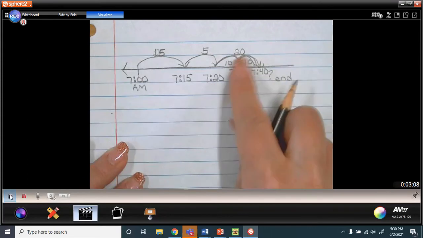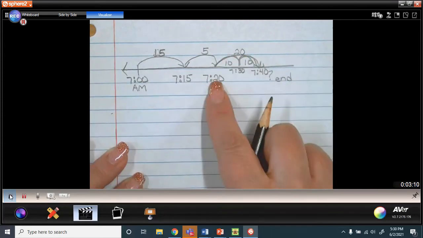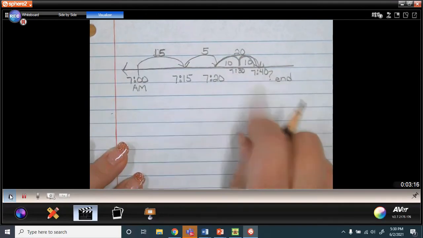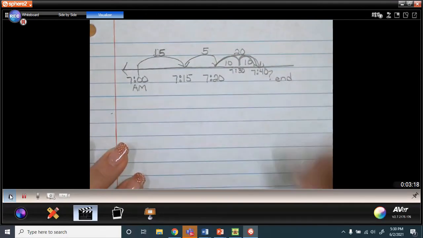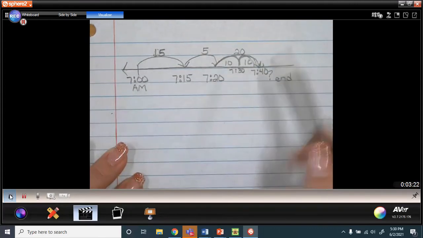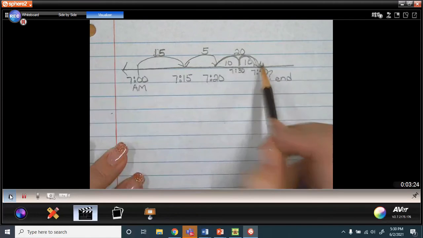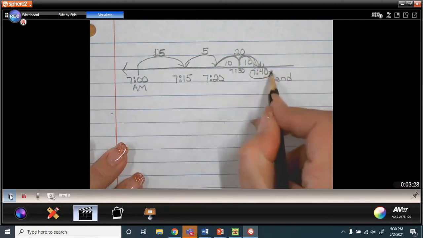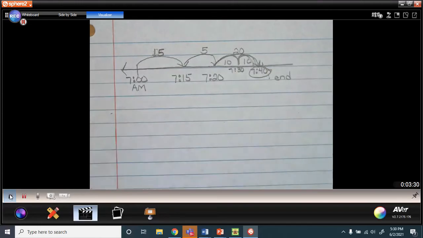Or we could just add on the full 20 minutes onto 7:20 to get 7:40. So it all depends on how you want to break it up. It's up to you. Sometimes it might be easier to add 2 groups of 10. It might be easy to add 1 whole group of 20. But the time that he would be ready for school is at 7:40.